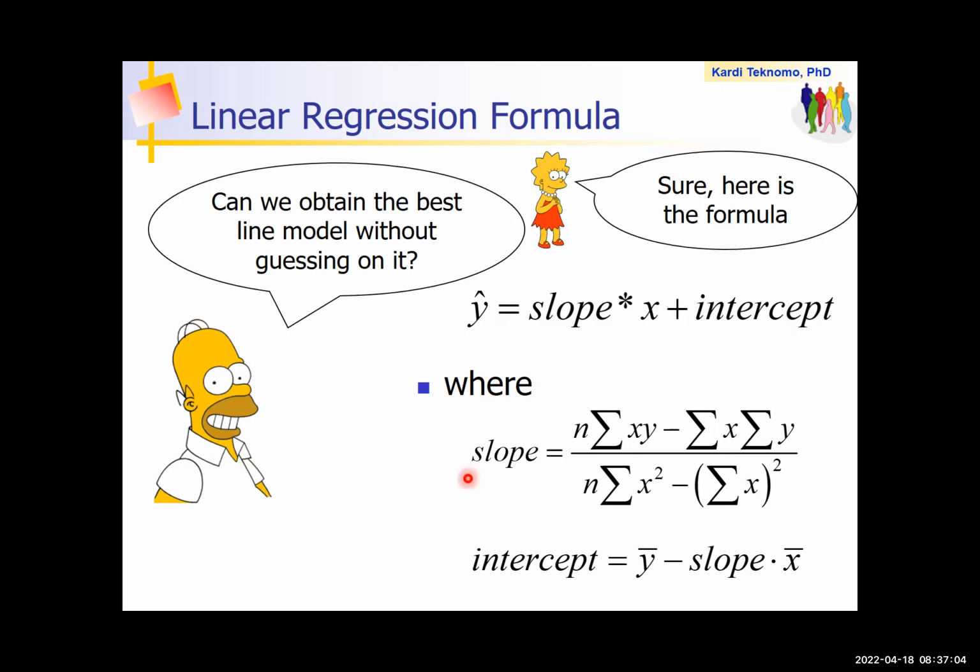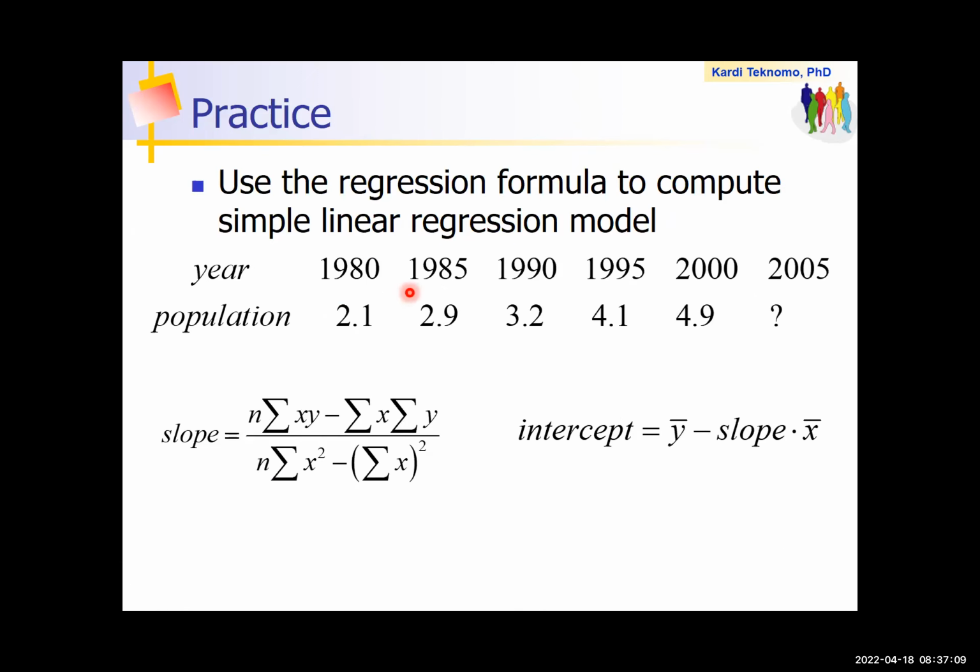So how to do it? The first thing is to type this data into Excel, and then you use this formula to calculate the slope and the intercept. Okay, so let's do that.